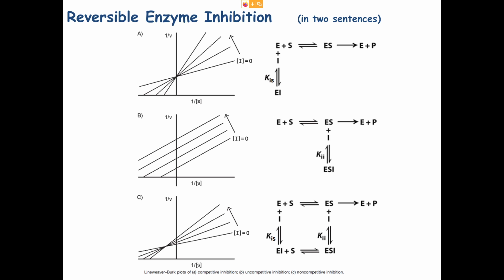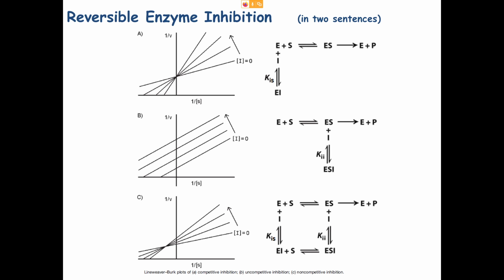The ability to interact with the ES complex will. So the ability to bind to ES complex changes the y-intercept. And the inability to bind to ES complex would not change the y-intercept, or has the inability to change the y-intercept. Right, do we see the two sentences now? Right, it's two sentences and their corollaries.